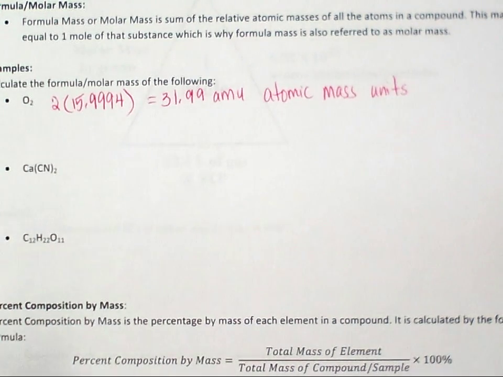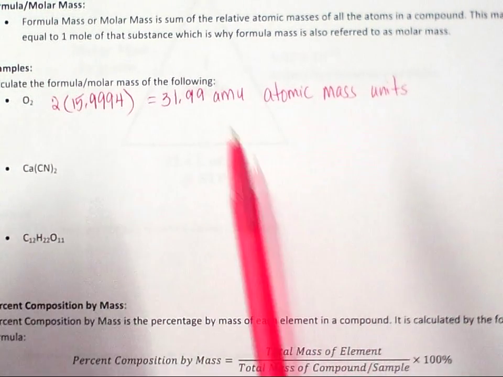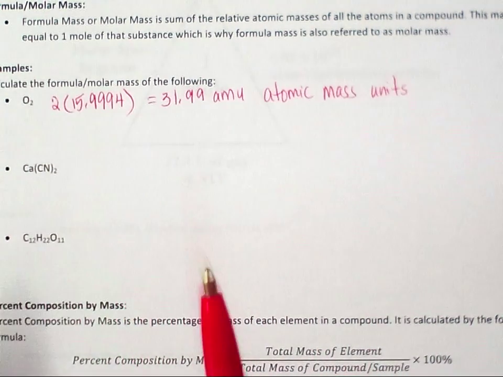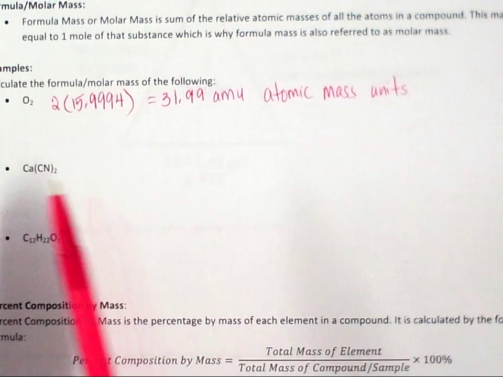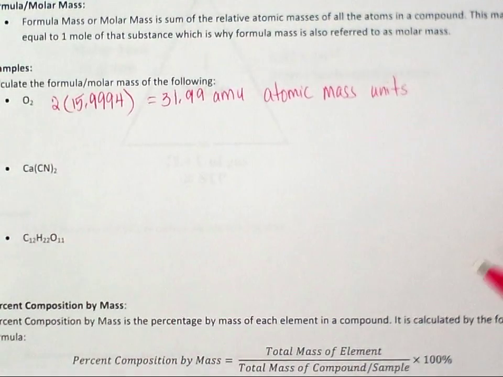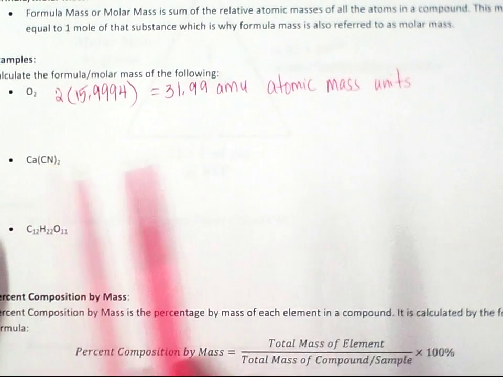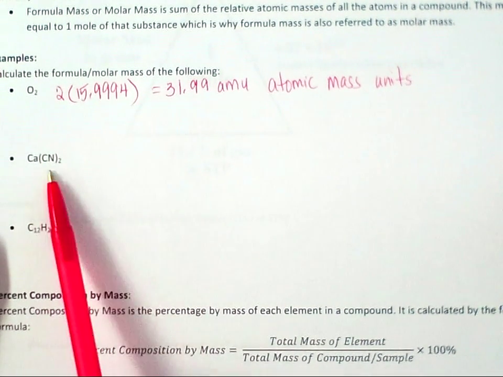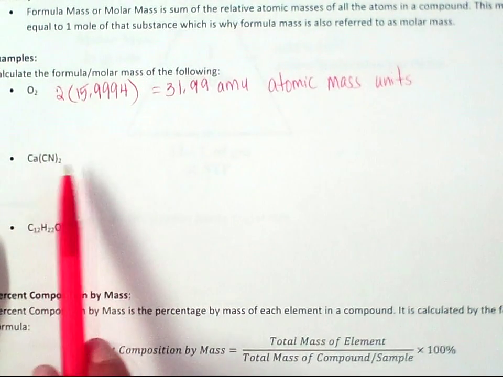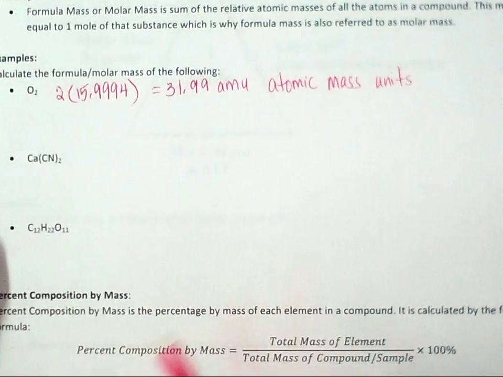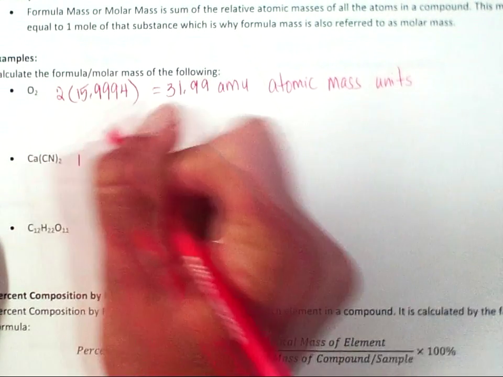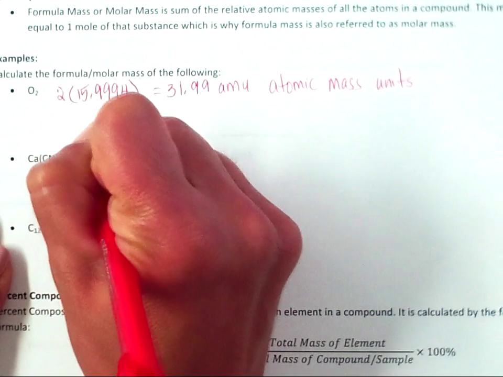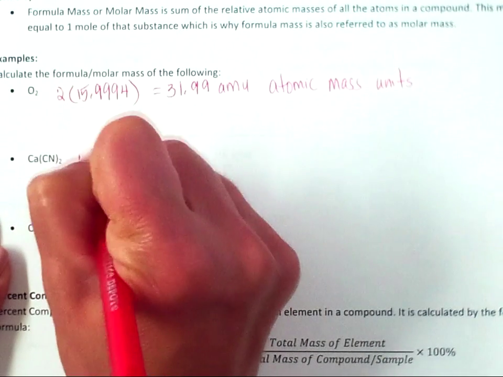Okay? But overall, what we're going to do is add up the mass from the periodic table of every single element in these compounds or molecules. Okay? So let's look at the next one. We have calcium cyanide, Ca(CN)2. Look up calcium. What do you get? Okay, good. And it's 40.